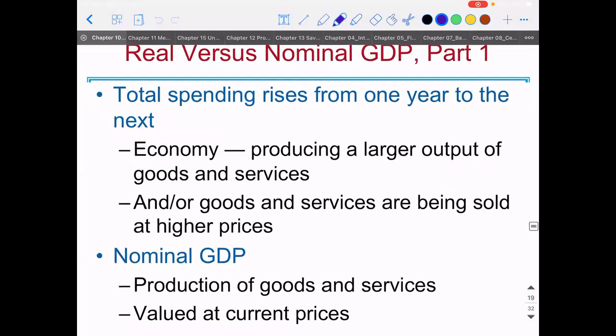Now, one thing that's incredibly important to differentiate between would be the real GDP versus the nominal GDP. Real means that you take into account the price changes over time. Nominal means that you do not.